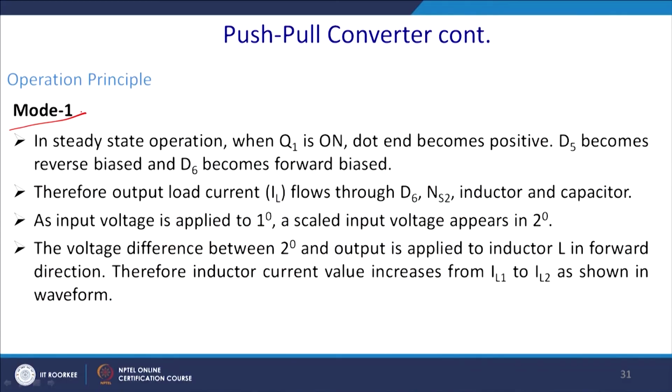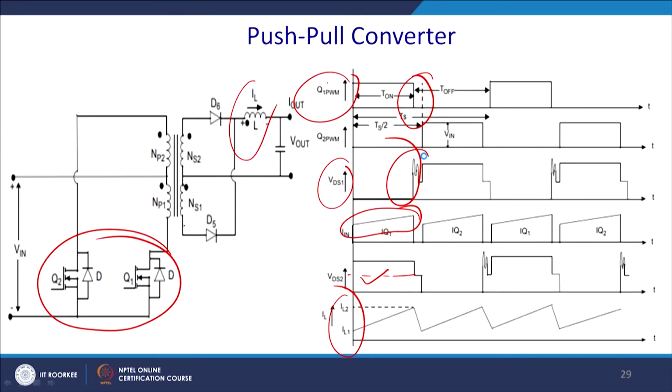It starts with the turning on of Q1. This is mode 1. In steady state operation, when Q1 is on, the dot ends become positive, D5 is reverse biased and D6 becomes forward biased. Please refer to the figure, then you can understand it better.